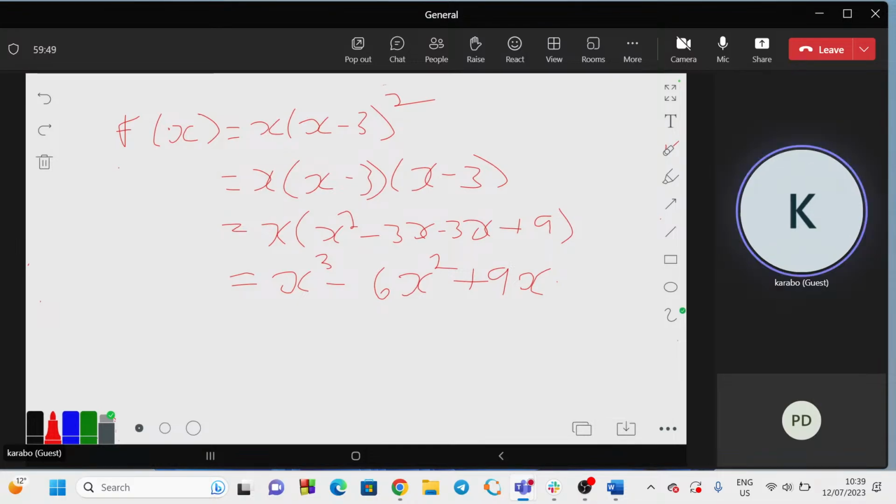And then this is my formula to find the y.